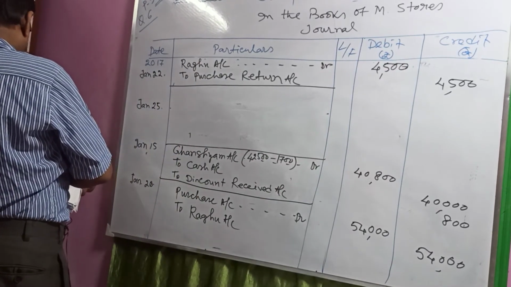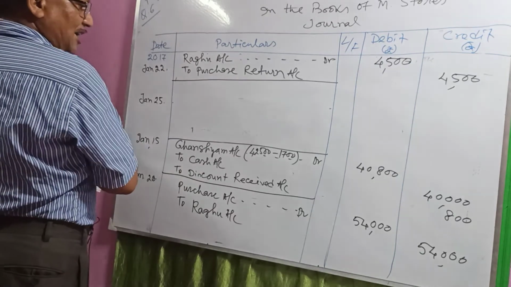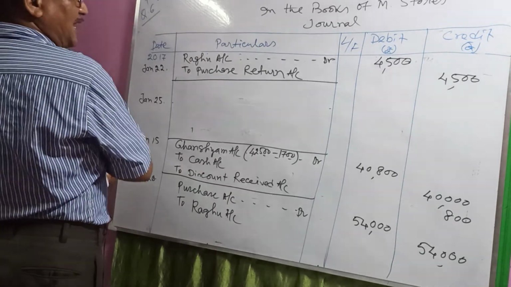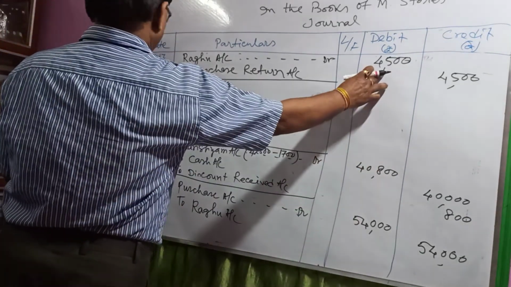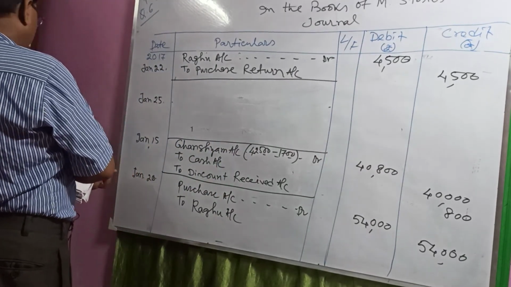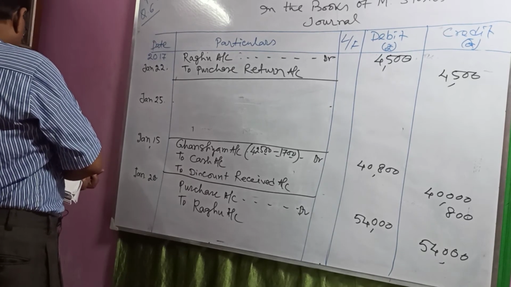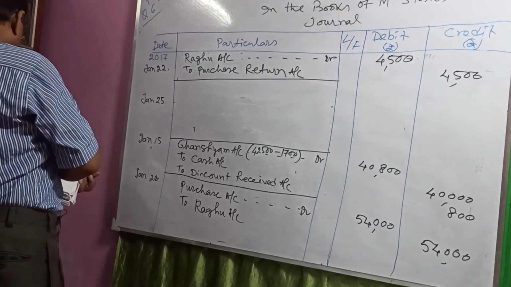But in this case, again there is discount received. Actual amount is 54,000 minus 4,500, that is 49,500, only payment 49,000, the difference is known as discount received.